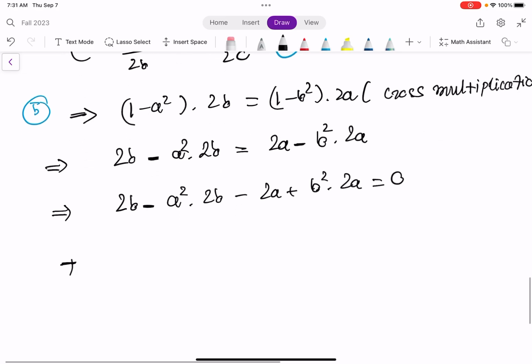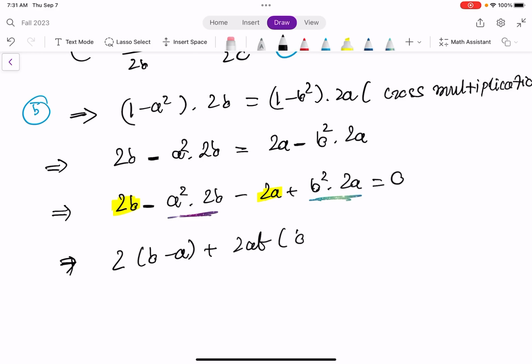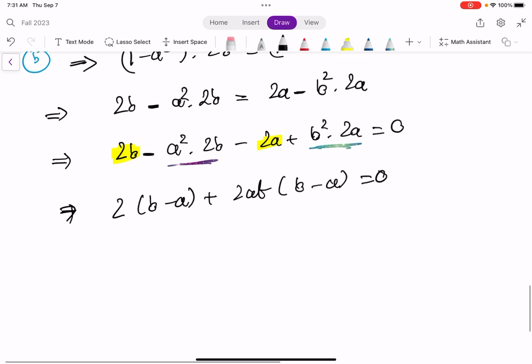Okay, and I can start to group them. So I can group these with this 2b and 2a, and then this one with this one. So I can write, my bad, let me use the correct color. So this is 2 times (b minus a) plus 2ab times (b minus a) equals 0. So you can say (2 plus 2ab) times (b minus a) equals 0 because we just factored it out.